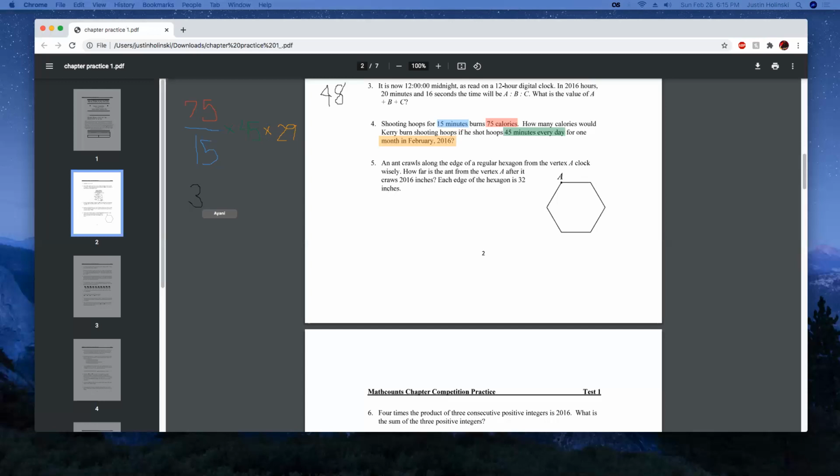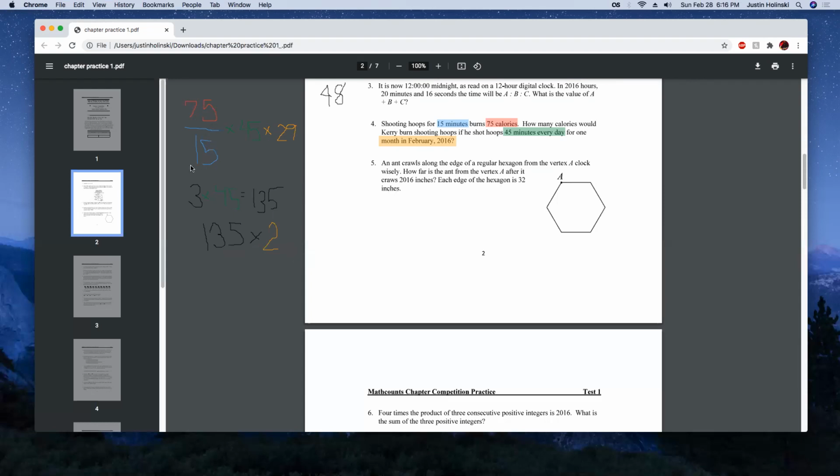So 3 times green, 3 times 45 is equal to 90 plus 15, which is 135. And is anyone going to tell me what 135 times 75 divided by 15 times 29 equals?